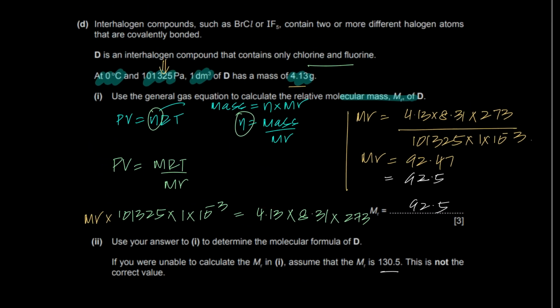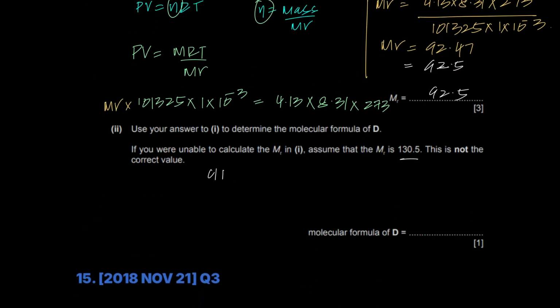But if it contains only chlorine and fluorine, you just need to use your brain. ClF, this is 35.5 plus 19. No, this doesn't equal 92. If I do Cl2F, this becomes 71 and this becomes 19, and if I add 71 plus 19, this is 90, so it can't be Cl2F and can't be Cl3F, so I'll have to stick with one Cl and then more Fs.